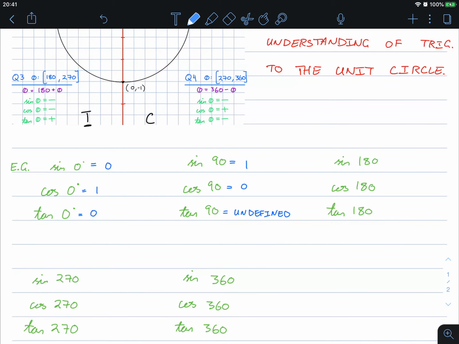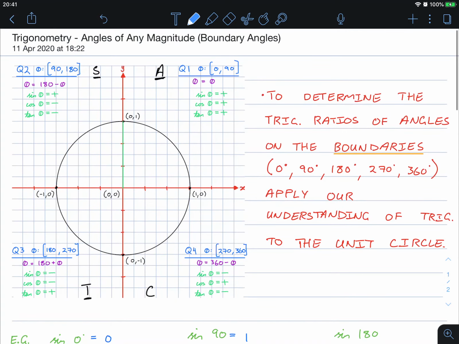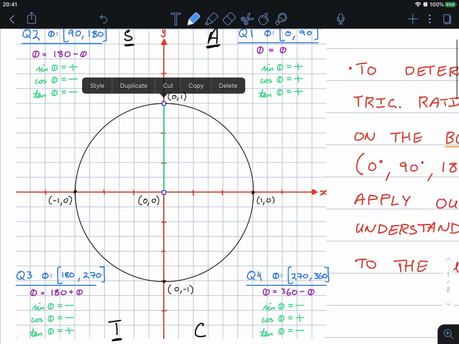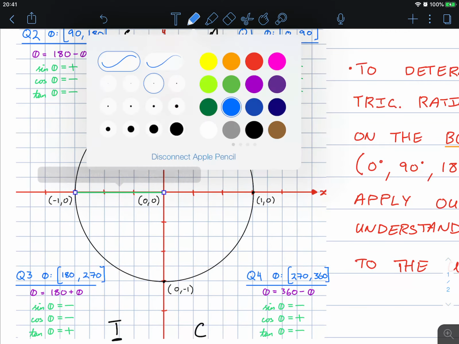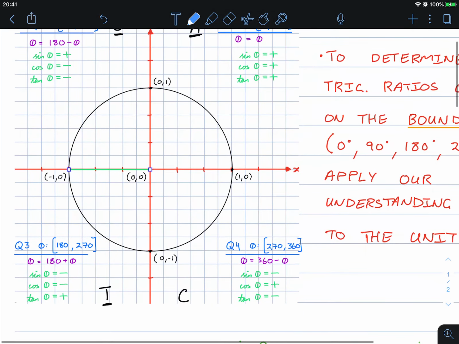Let's keep going with this understanding. Sine of 180. Well, here's 0 degrees. That there is 90 degrees. And then 180 degrees. Now at this point, the y value is 0.